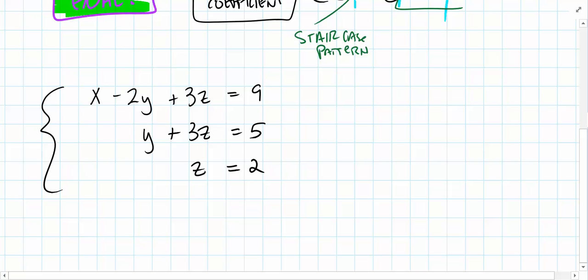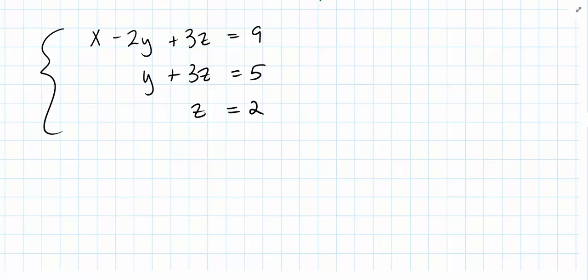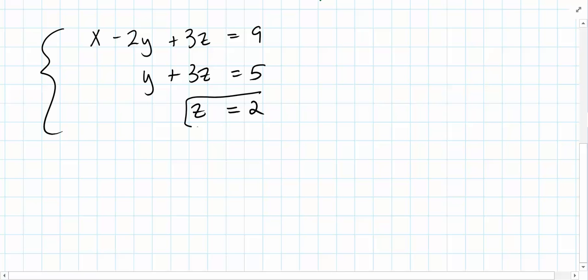The reason that we want to get our systems into row echelon form is because once we have one variable solved for, we can then use something called back substitution to solve for the other 2 variables. Remember, the answer is going to be x, comma, y, comma, z, because there are 3 variables in this. So here is going to be the answer over here.